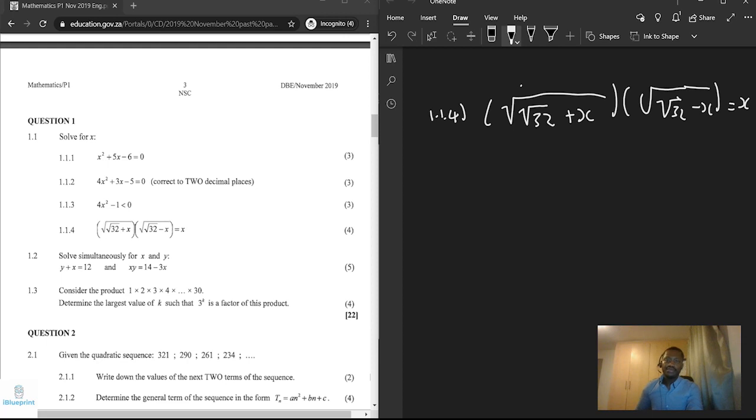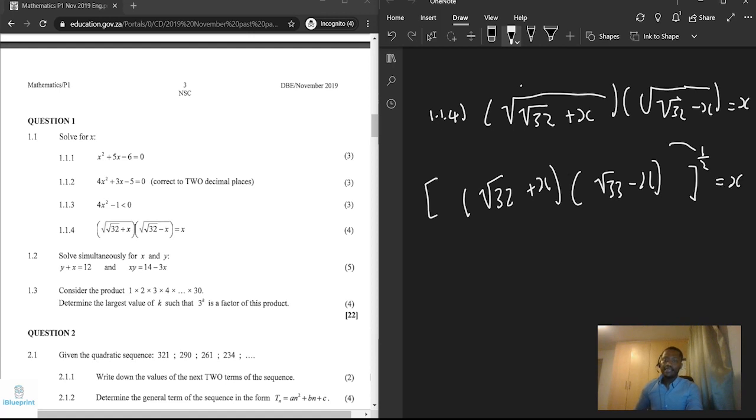The first thing I'll do is make this a half. This is the same thing, because if you had the square root of 32 minus x and distribute this back in, you end up in this situation, so it's equal to x.